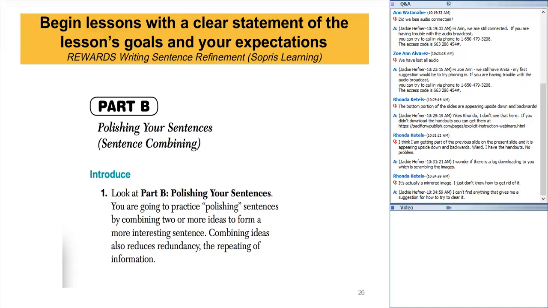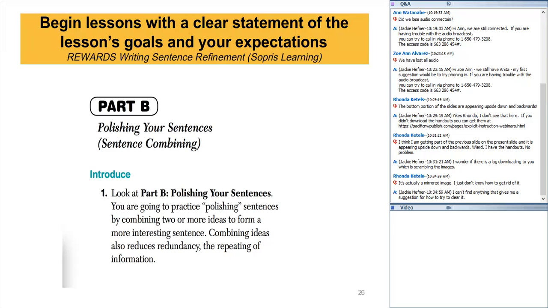So the students are learning how to take two sentences and combine them. And though the teacher can utilize similar wording or this wording, they would say, you're going to practice polishing sentences by combining two or more ideas to form an interesting sentence. Combining ideas also reduces redundancy, the repeating of information.